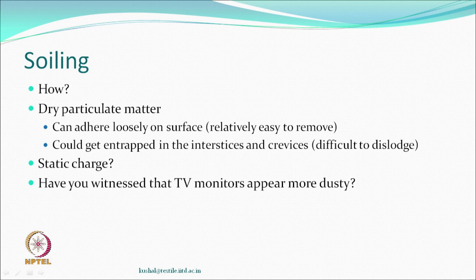It can happen because generally it is believed that the particles which are floating in the environment have negative charge on them, and so any surface which is positive, they would like to get attached to it. So this could be one of the reasons why a textile can also get dusty or dirty.